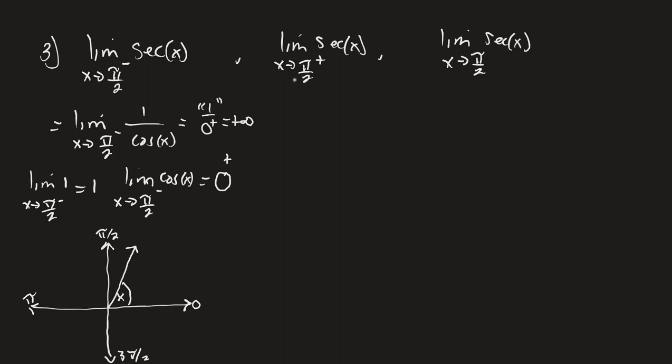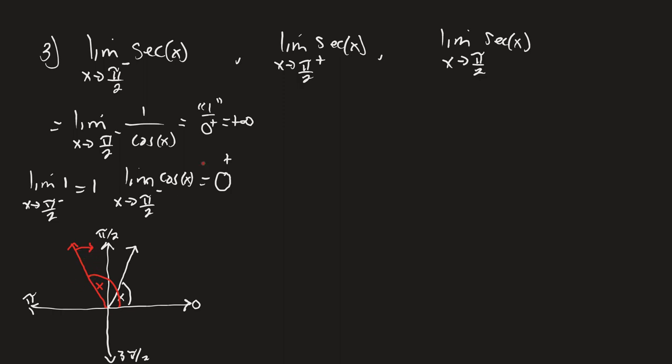Well, what about the limit from the right when you're bigger than pi over 2? Well, bigger than pi over 2 means that your coterminal ray is right here, and then this would be your x. And then the ray is coming back this way.